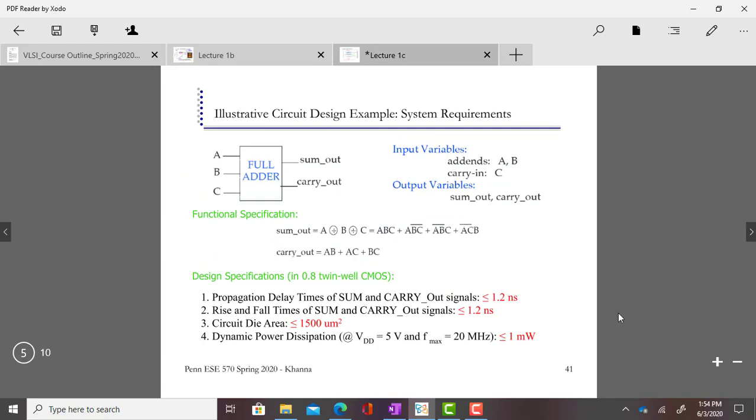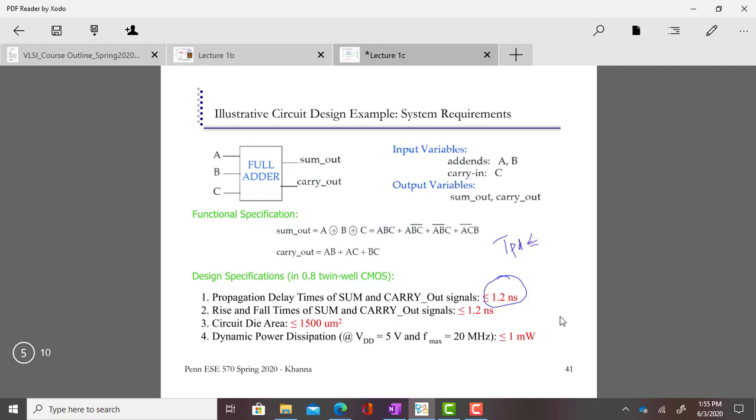You may have a certain design specification. For example, the user may want your propagation delay to be less than 1.2 nanoseconds. Propagation delay, sometimes we denote it as TPD.